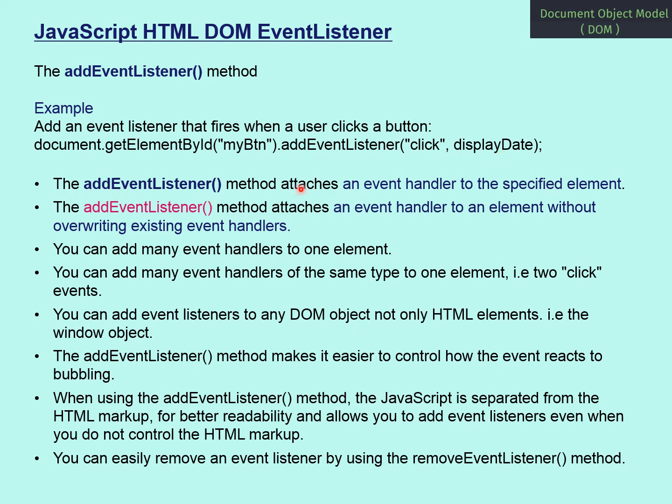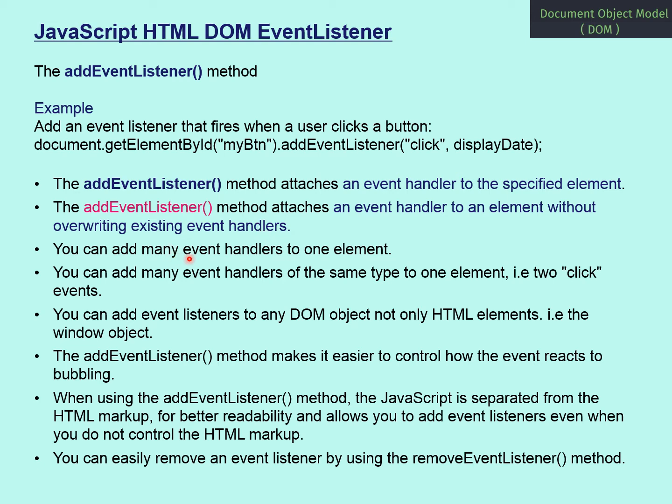The addEventListener method attaches an event handler to the specified element. It attaches an event handler to an element without overwriting the existing event handlers. So this attaches an event handler to the HTML element, and it does not overwrite the existing event handlers.